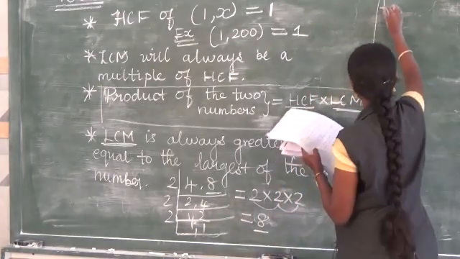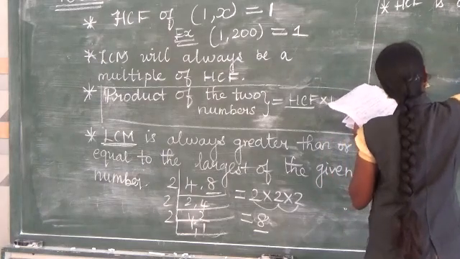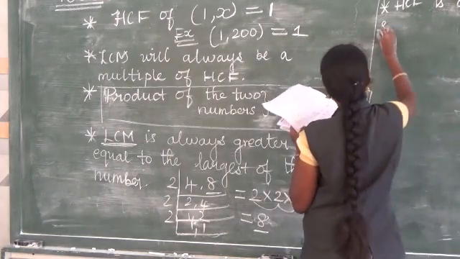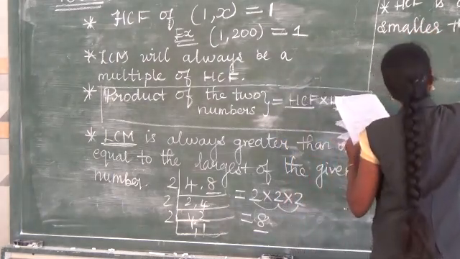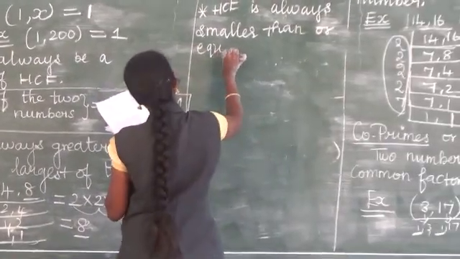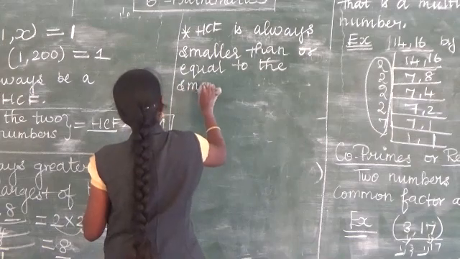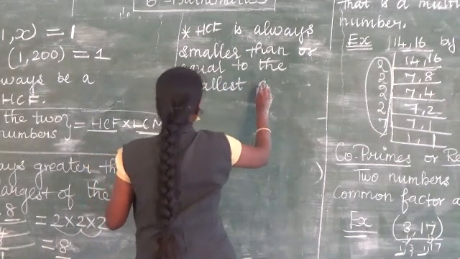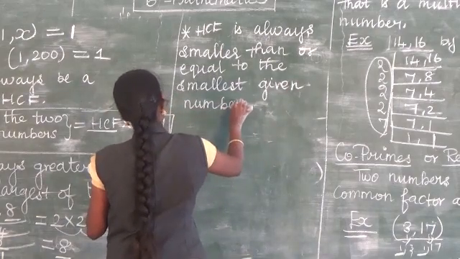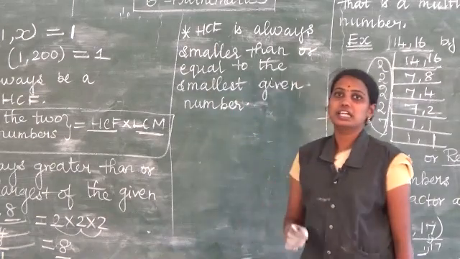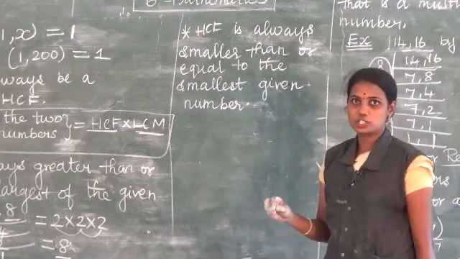If we go for the HCF, HCF is always smaller: smaller than or equal to the smallest given number. Listen, LCM means it will be the largest number, HCF means it is the smallest number.